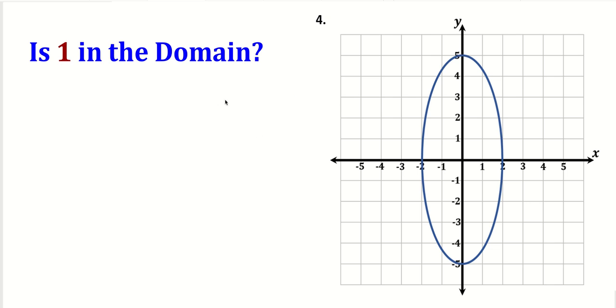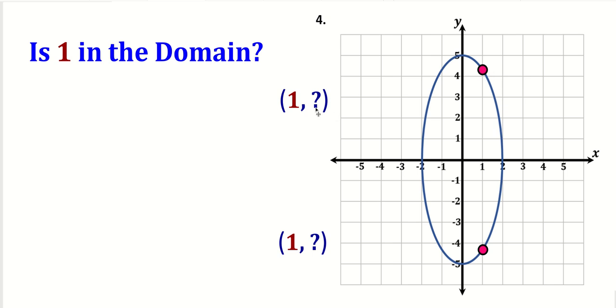Is 1 in the domain? Does the x value of 1 is that involved on this graph? Yeah. Right here and right here. And you could approximate what that is, like 1 comma, I don't know, 4.2-ish, whatever it is.